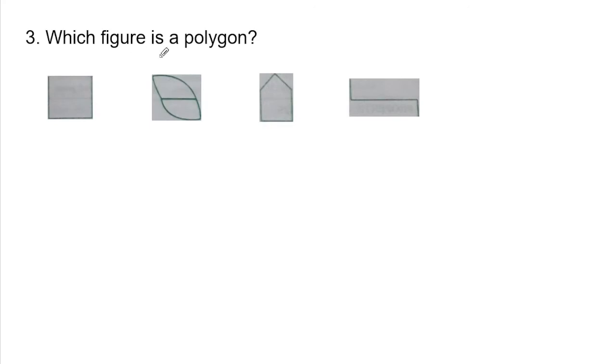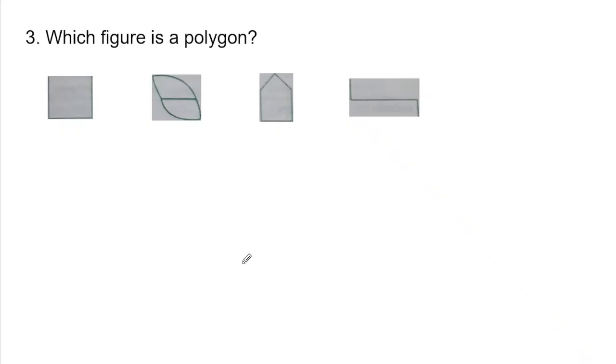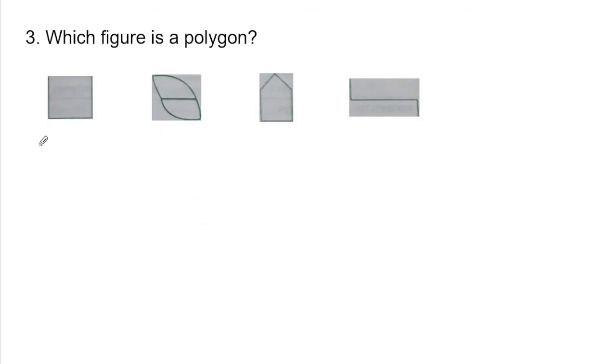Which figure is a polygon? What is a polygon? A polygon is basically a closed figure, but it should have straight lines. It should not have curved lines like this or like this. It should only have straight lines. So let's check all the figures which have only straight lines.